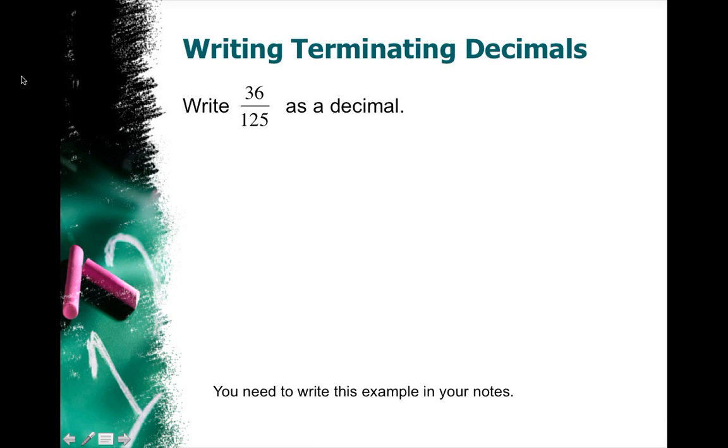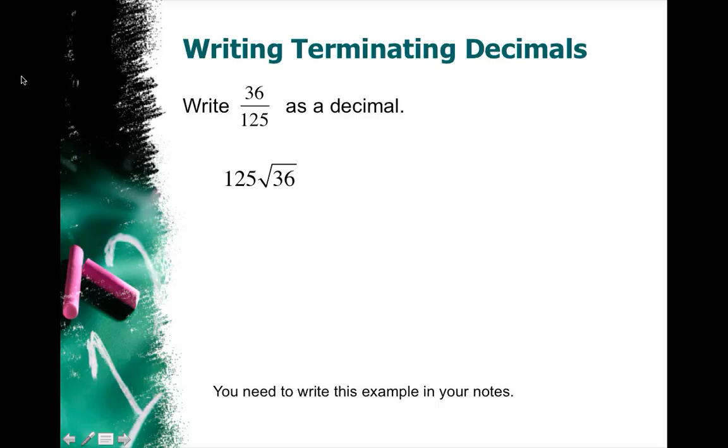Now we're going to talk about writing terminating decimals. We have the problem where we're asked to write 36/125ths as a decimal. To do that, we need to divide the numerator by the denominator. So the numerator, the number on top, goes inside. We're going to divide that by the number on the bottom. We have 36 divided by 125.